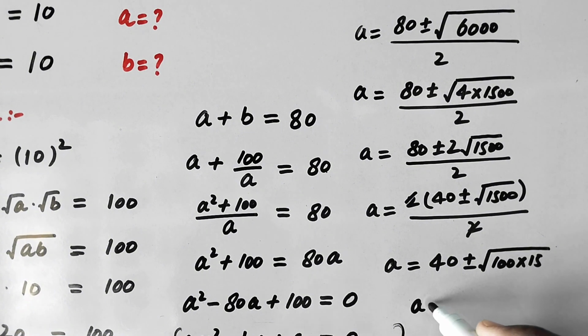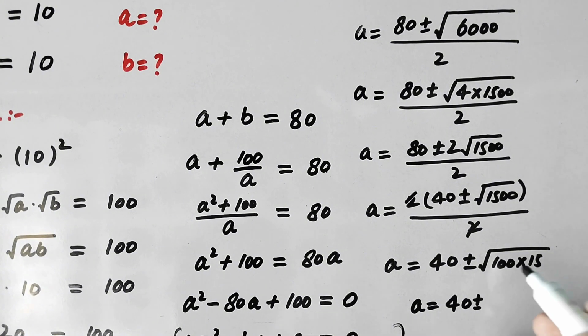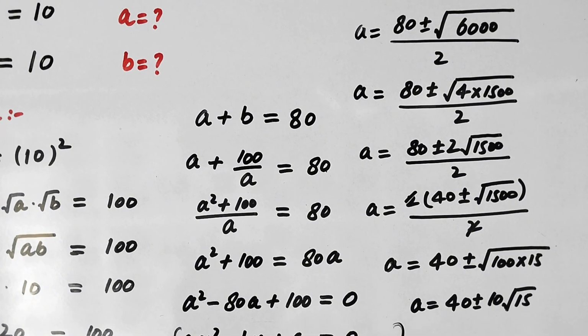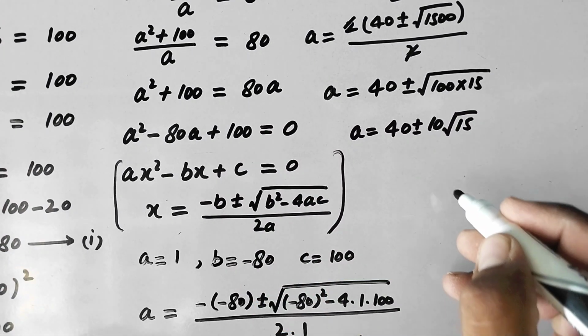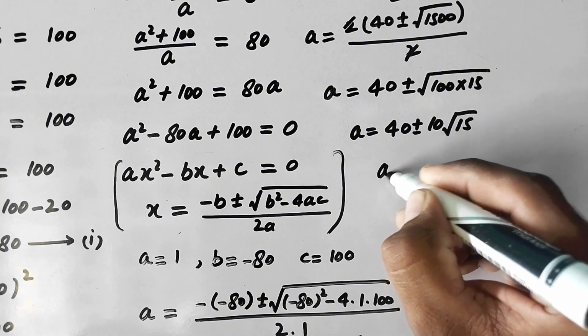So now a is equal to 40 plus or minus, this 100 is the square of 10, so here 10 will be out of root, then times square root of 15. So here we have gotten two values of a.